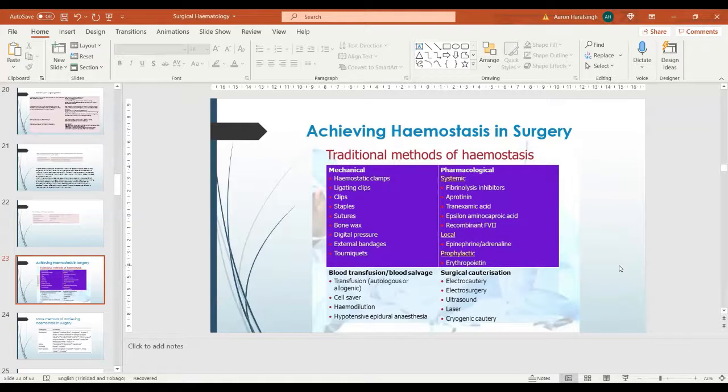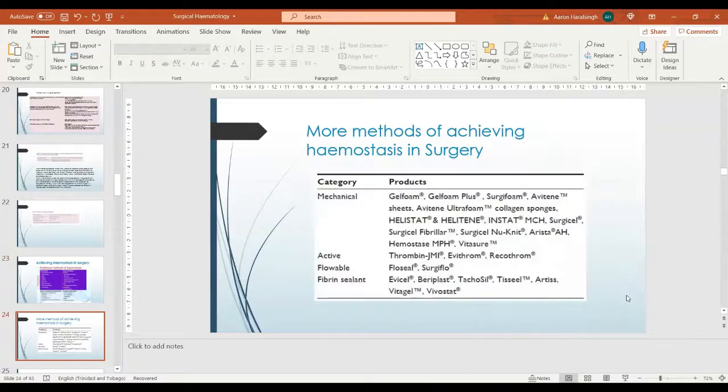When it comes to surgical cauterization, we've got a lot of options. So we have electrocautery, so you have the bipolar and monopolar, you have ultrasound devices, laser, cryogenic cautery, as well as ultrasonography or ultrasound cauterization as well. Some of the other mechanical methods that are commonly in use include things like gel foam or surgifoam, collagen sponges.